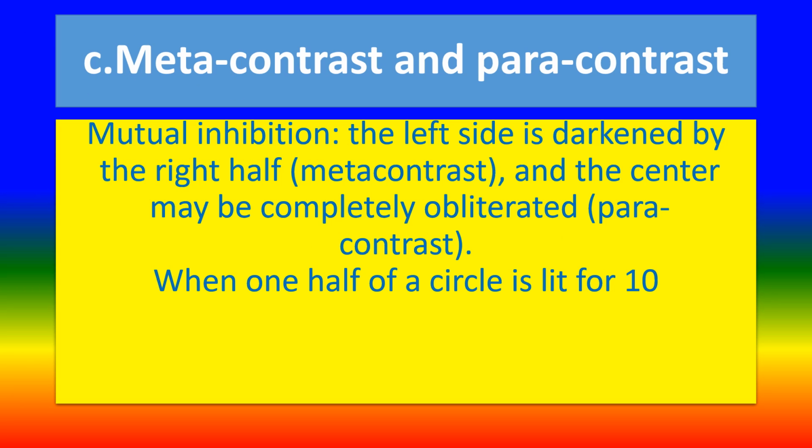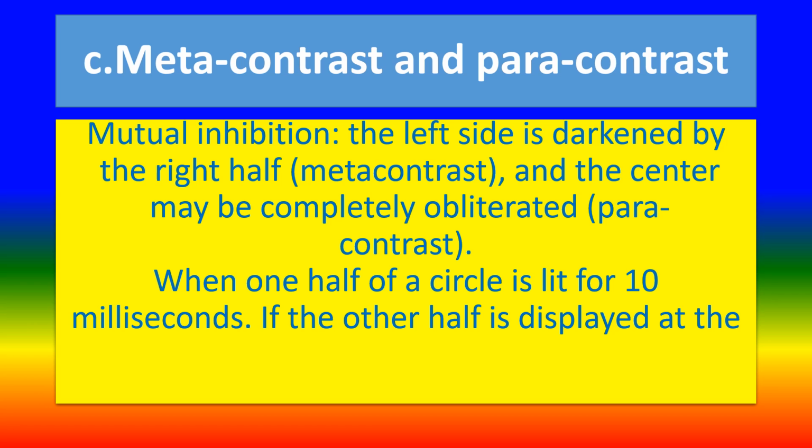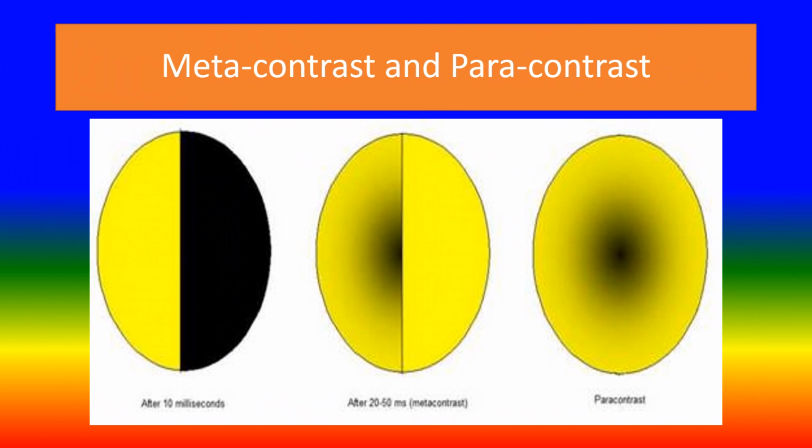When one half of a circle is lit for 10 milliseconds, the other half is displayed 20 to 50 milliseconds later. Look at this picture. Meta-contrast, para-contrast.